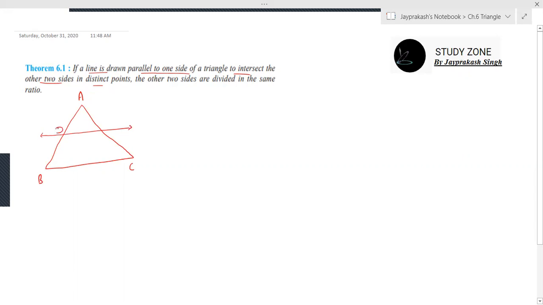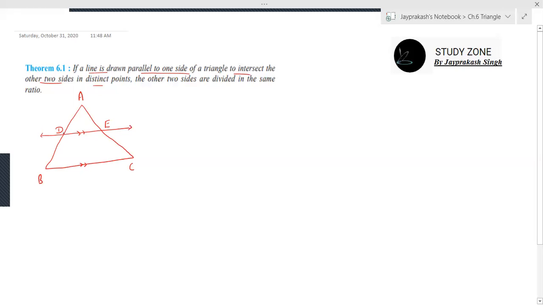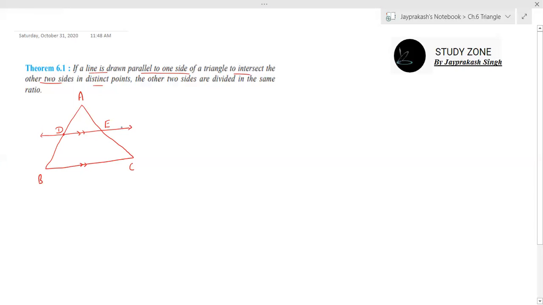So we are considering DE, that is parallel to BC. So this line is parallel to BC and it will intersect the other two sides at two distinct points. So it is intersecting the side AB at the point D and the side AC at the point E.